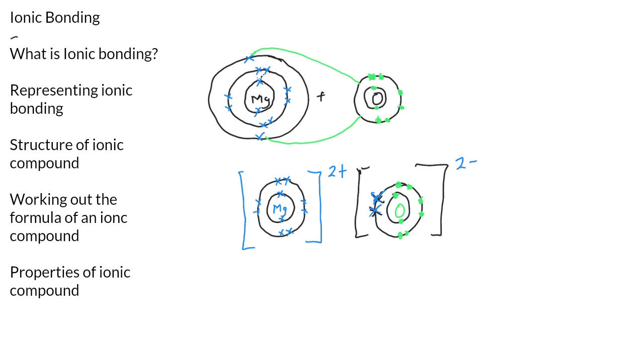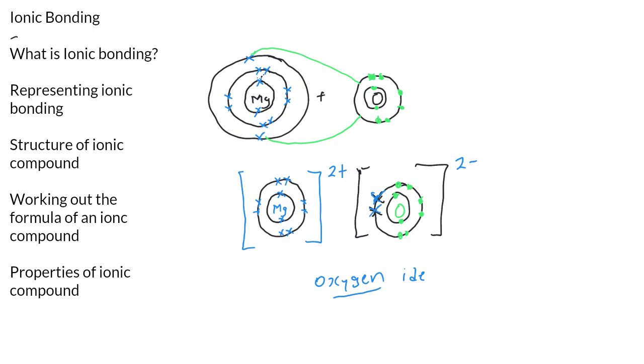Now, another thing to keep in mind is that when nonmetals gain electrons, their names will change. For example, when oxygen gains electrons, the name will change from oxygen to oxide.